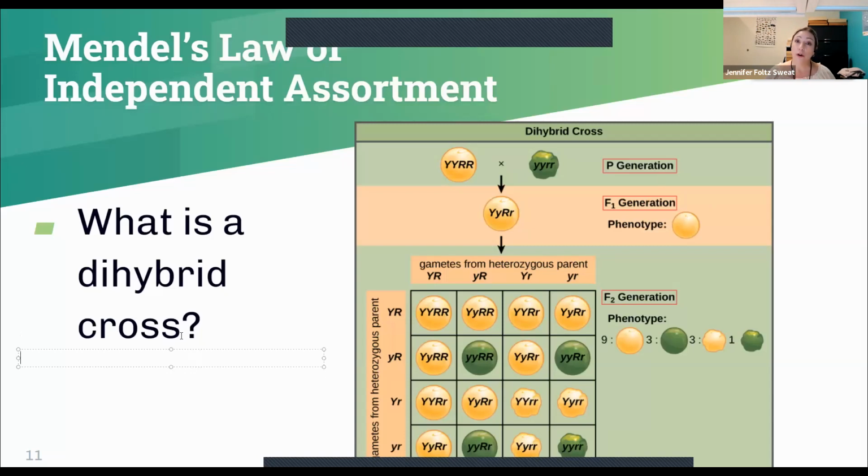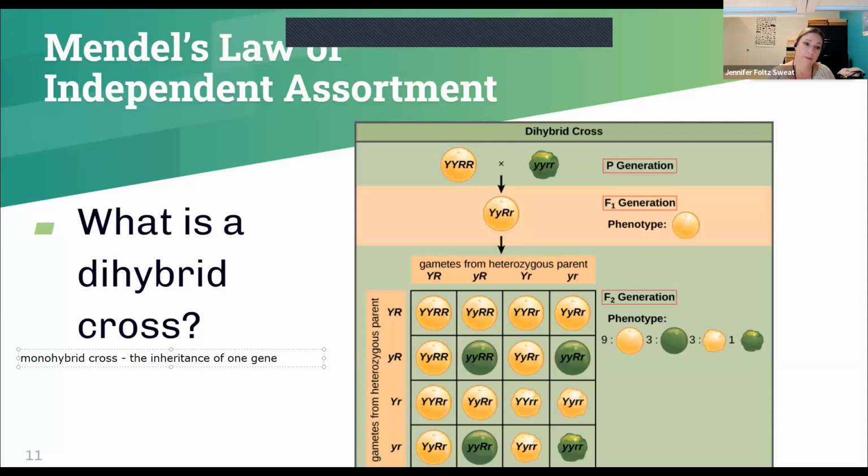Whereas in a monohybrid cross, mono means 1, you are looking at 1 gene. So let me write that down for you. So dihybrid, di means 2.